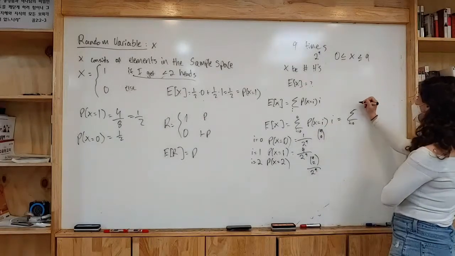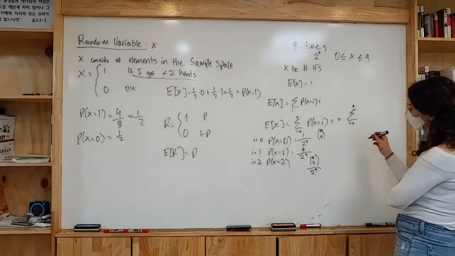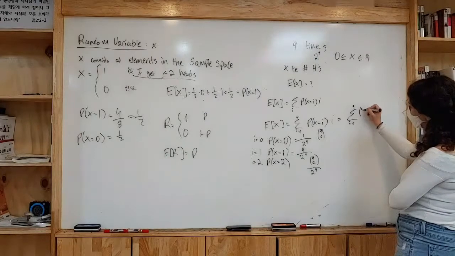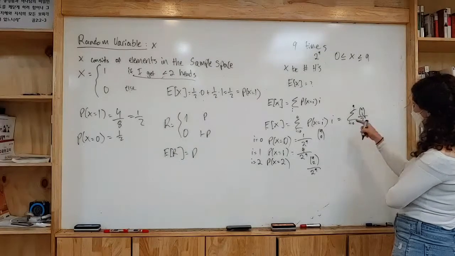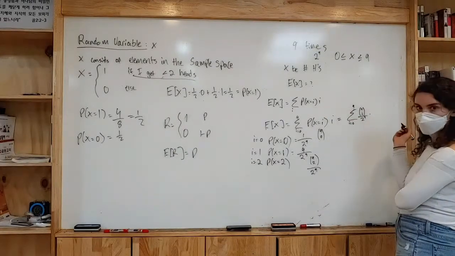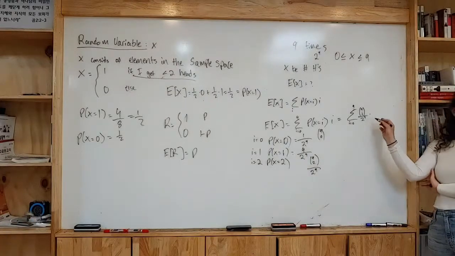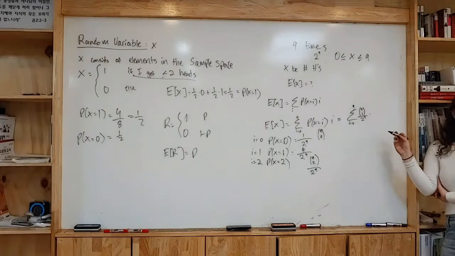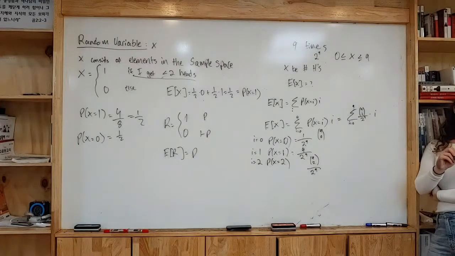Sum of I from 0 to 9 of 9 choose I divided by 2 to the 9, which is P of I, times I. This is the probability that x equals I, times I. And that's good enough. Okay, cool.